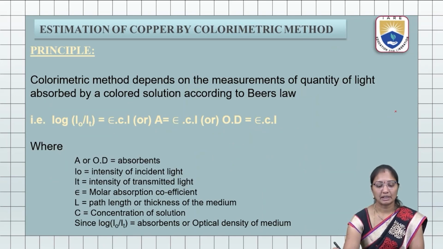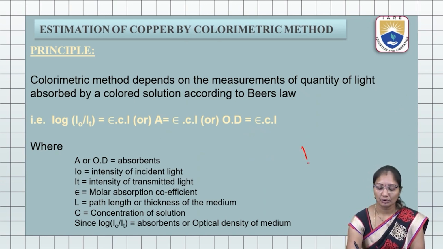So the colorimetric method generally involves the principle of Beer's law. When light is passed through a solution, it is a colored solution, so it absorbs some light and gives transmitted light.